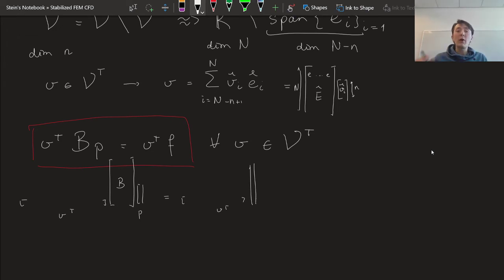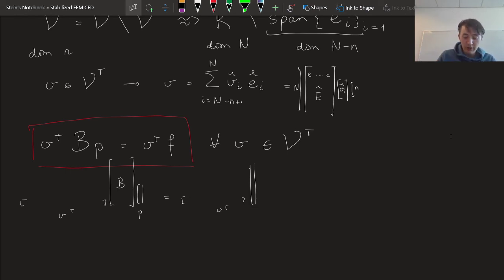And if that were to be true for all choices of V in the complete vector space R capital N, then this would not be a well-posed problem. And that's very clear because B is not square, and you can't invert a non-square matrix. You cannot obtain a unique solution for every possible right-hand side if the matrix is not square.